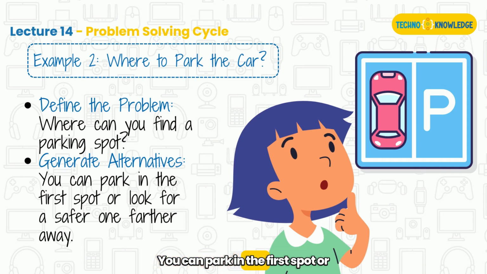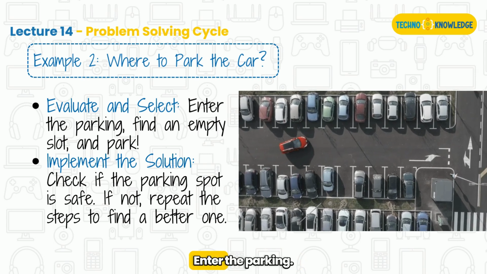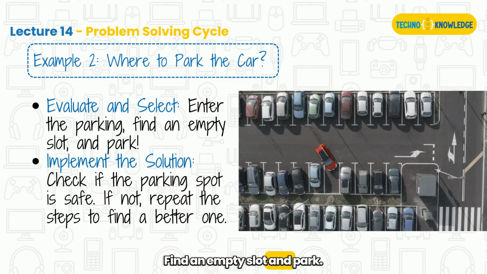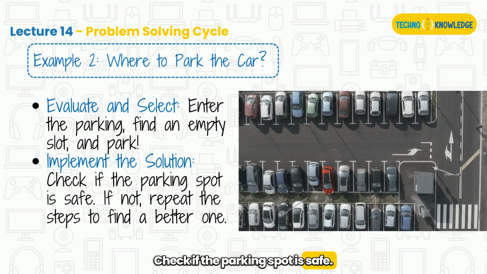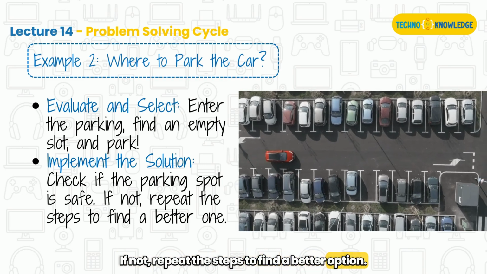You can park in the first spot or look for a safer one farther away. Evaluate and select. Enter the parking, find an empty slot and park. Check if the parking spot is safe. If not, repeat the steps to find a better one.